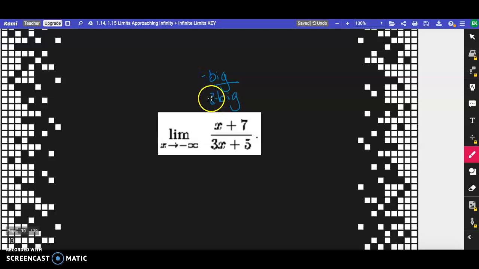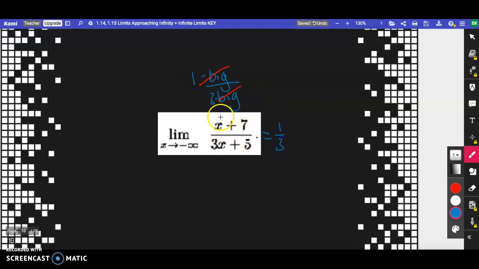So 3 times negative big. They will get completely wiped out as x approaches negative infinity. And so proportionately the top and the bottom will grow the same as x approaches negative infinity. So you can very non-technically think of it as canceling out those negative bigs. And so really what you're left with is just the proportion that happens afterwards, which is 1/3.